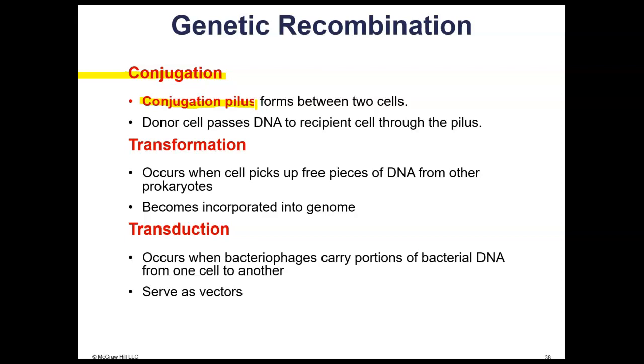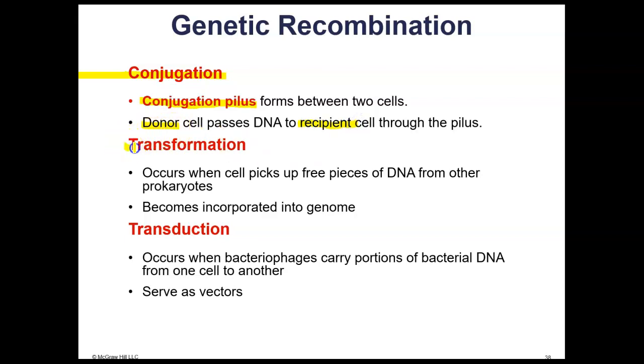This is when DNA is transmitted from a donor cell to a recipient cell. Both the donor and the recipient cell are bacterial cells, okay? And that conjugation pilus is used to transfer the DNA from the donor to the recipient. So donor DNA to recipient DNA through the conjugation pilus.